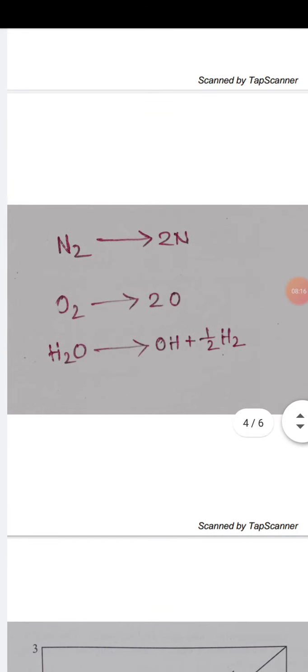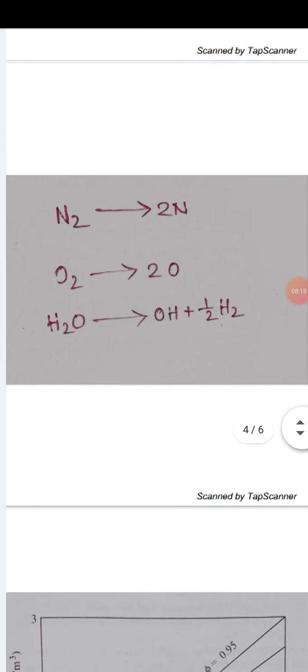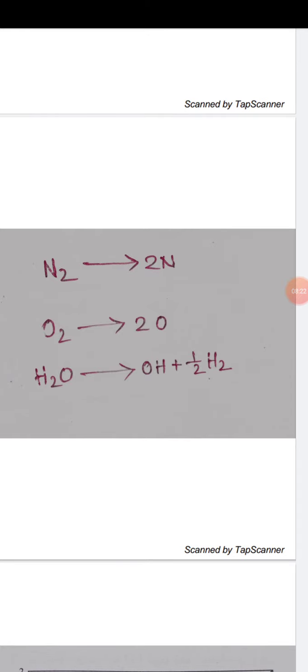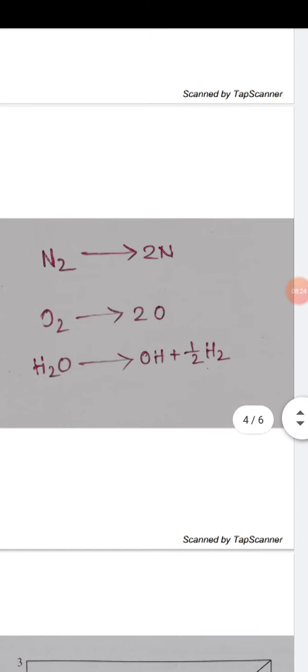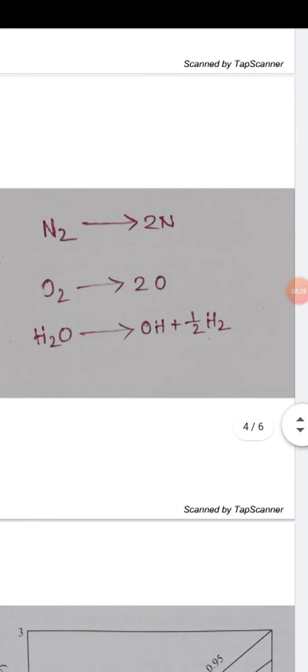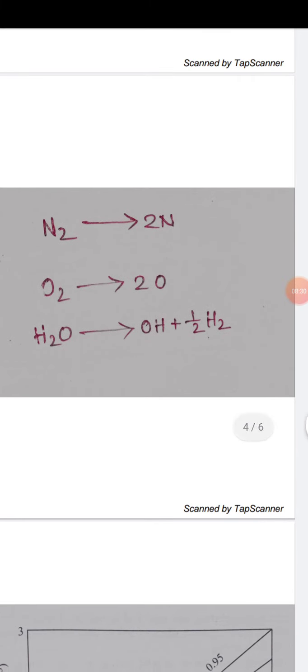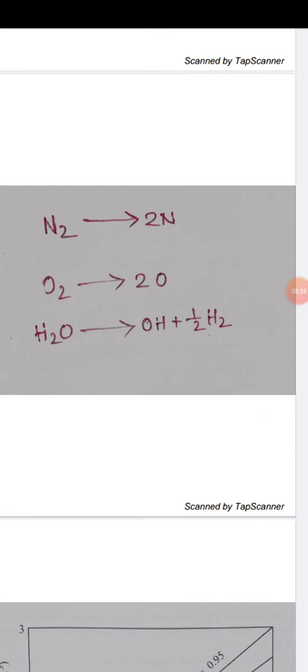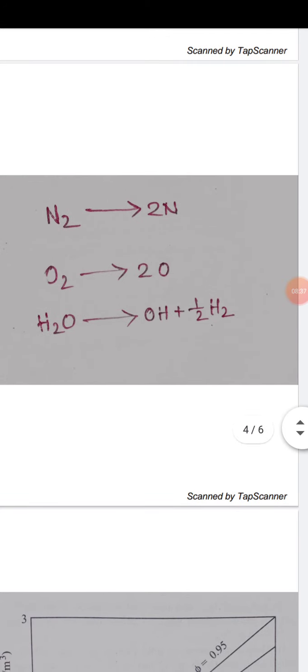At this temperature, diatomic nitrogen is converted into monoatomic nitrogen. That kind of reaction is possible in the engine, because the engine working temperature is near about 2600 Kelvin.